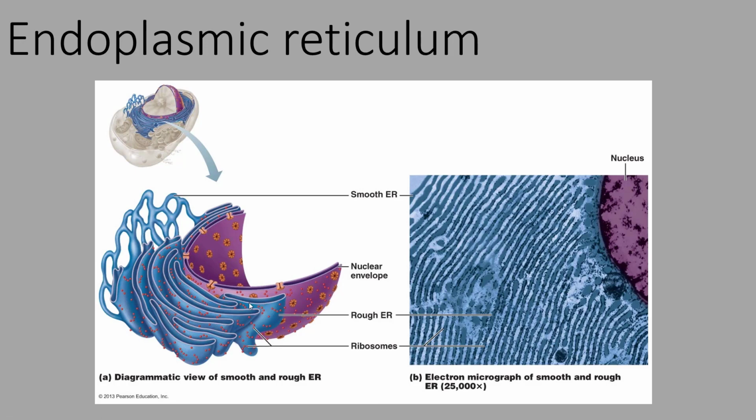So let's hold that thought, and we will come back to the rough endoplasmic reticulum in just a moment. Right now, we are going to follow that protein that is now trapped inside the rough ER.